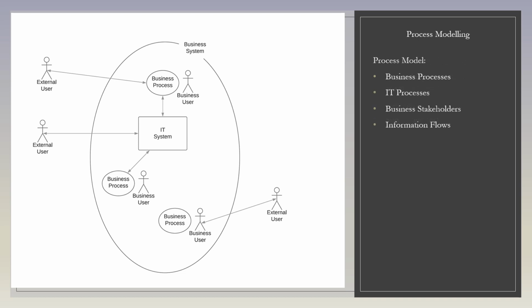For example, you might model a business system as you can see here, with business processes, system users or stakeholders, IT systems, and arrows linking the various elements together, representing the flows of information between them.